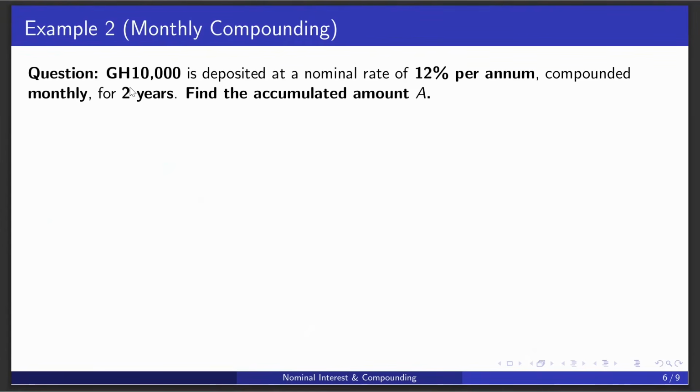Question 2. 10,000 is deposited at a nominal rate of 12% per annum, compounded monthly for 2 years. Find the accumulated amount.